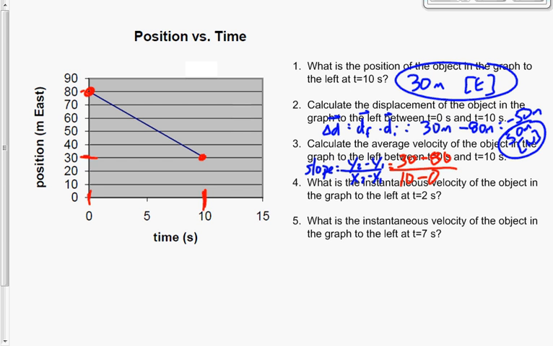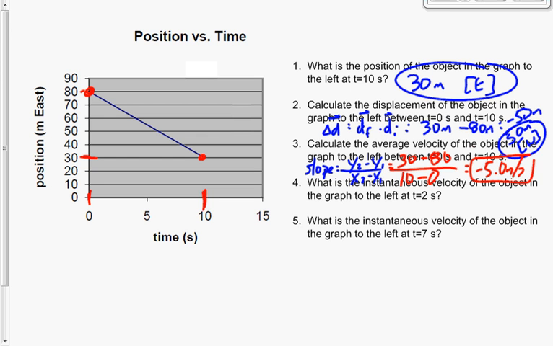So we're going to say 30 minus 80 over 10 is going to be negative 5 meters per second. What else could you say? Not negative 5, but positive 5 to the west. Positive 5 to the west. Good.